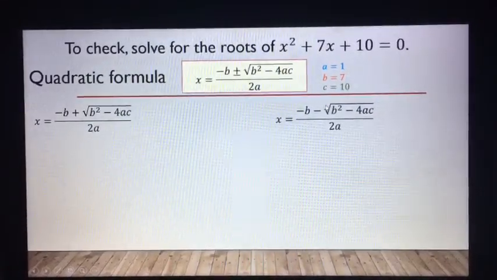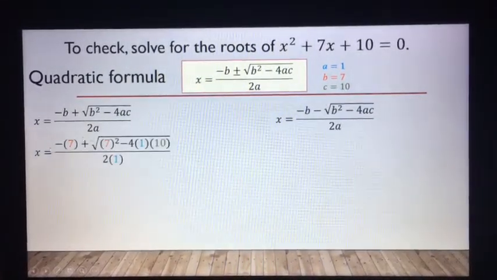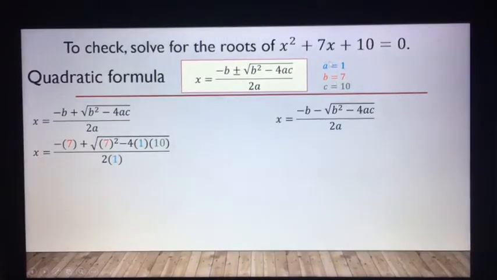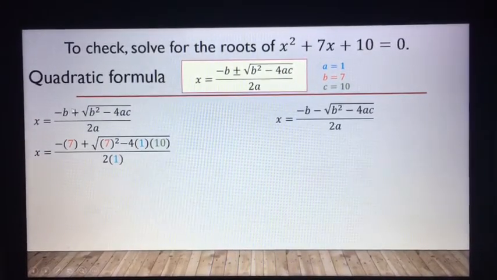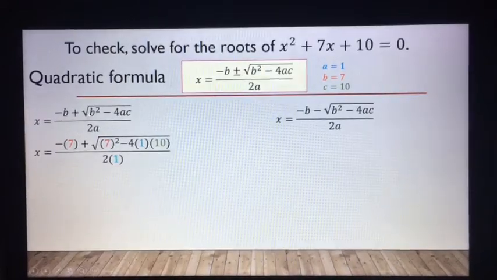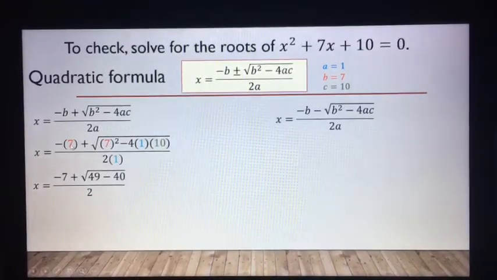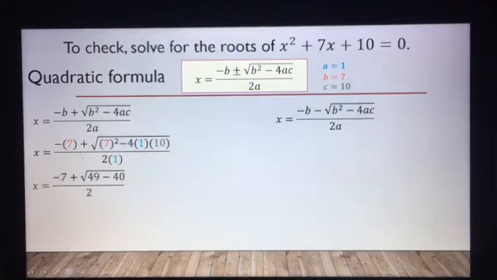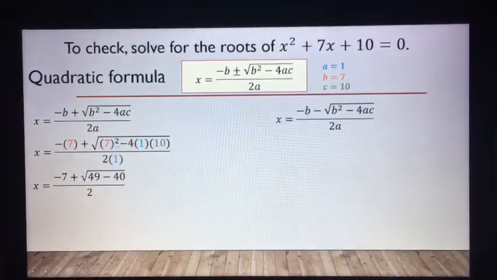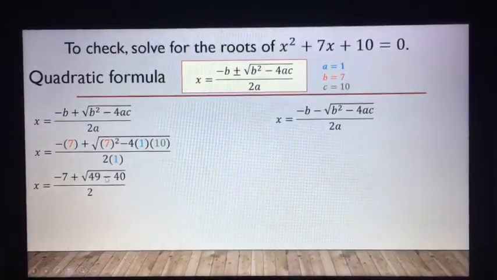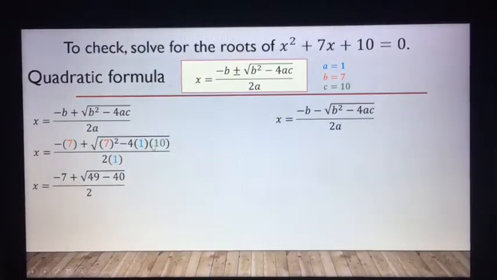Okay? So, unahin po natin ito. So, substitute these values in our quadratic formula. B is 7, A is 1, and C is 10. A is 1 here. So, compute. This is negative 7 plus square root of 7 squared, or 7 times 7 is 49, minus 4 times 1 times 10 is 40, over 2 times 1 is 2.